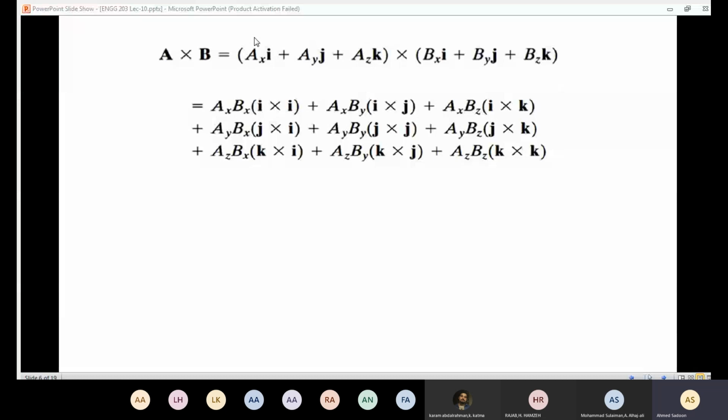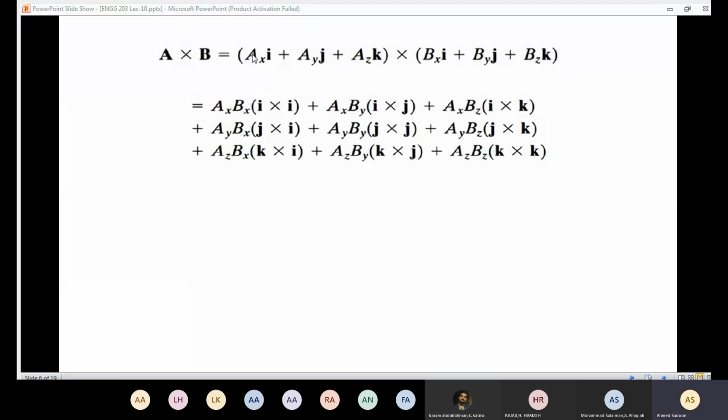So for this part, as a result, I'm going to get 3 terms. This one cross that one, this one cross that one, this one cross that one. Then this part cross that part, and cross that part. And finally, this part cross that part, cross that part, cross that part. So I'm going to have 9 terms.